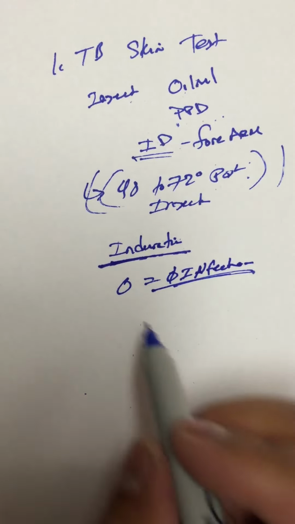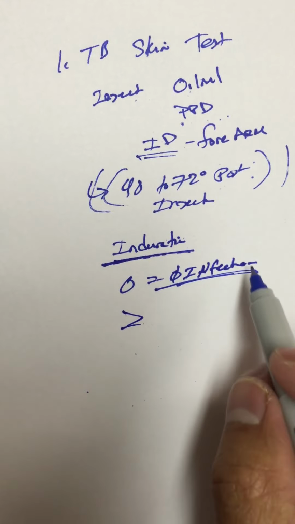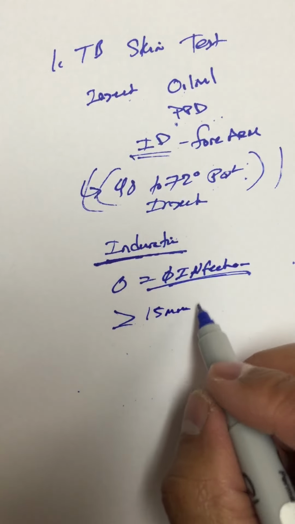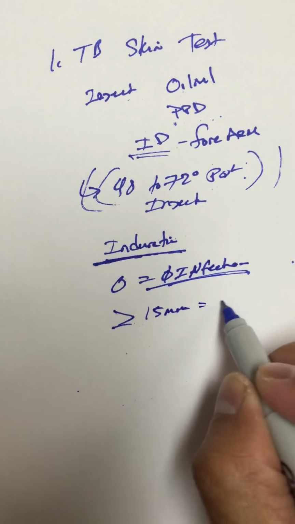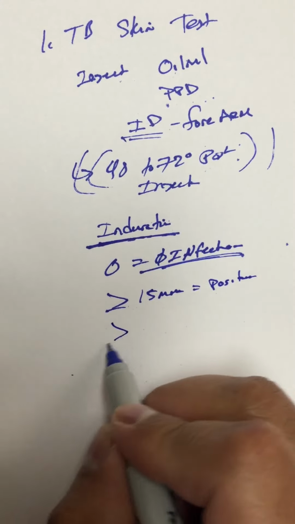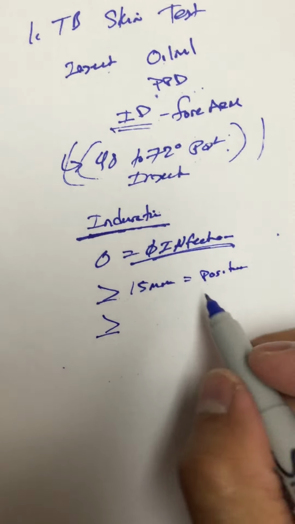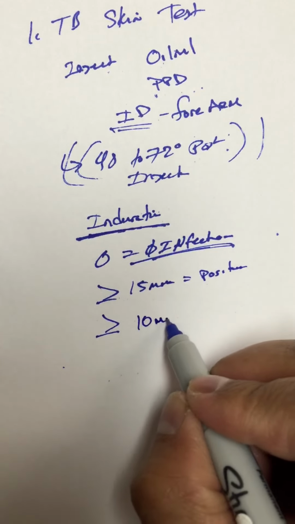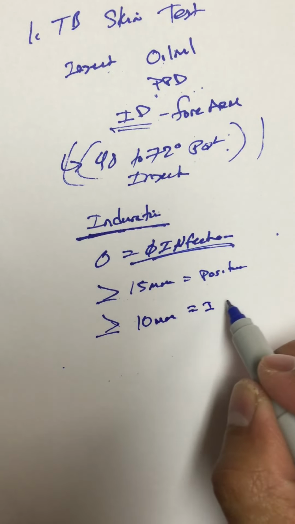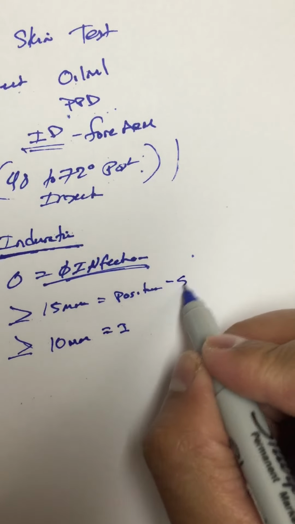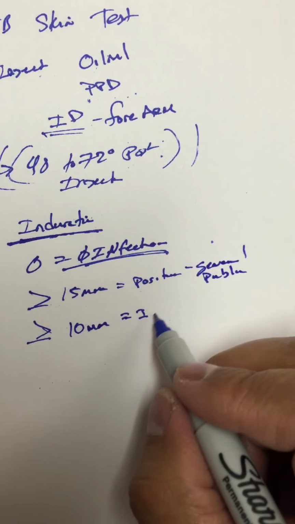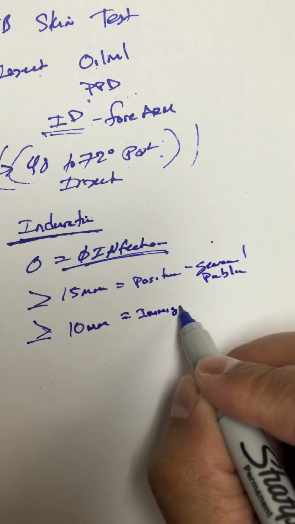For example, in the general public, an induration of greater than or equal to 15 millimeters, that is considered positive for TB. If, however, it is somebody, for example, a recent immigrant, then anything greater or equal to 10 millimeters would be considered positive. So 15 for general public, 10 for somebody like a new immigrant to the country.